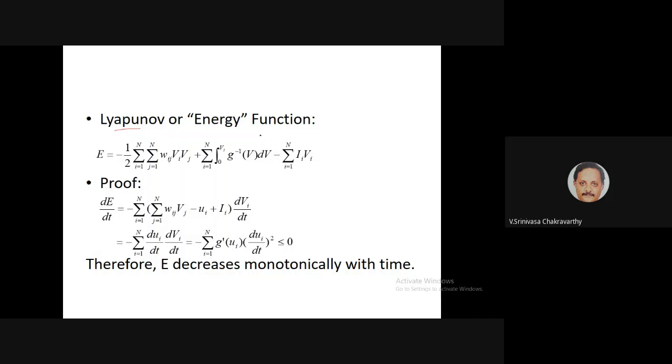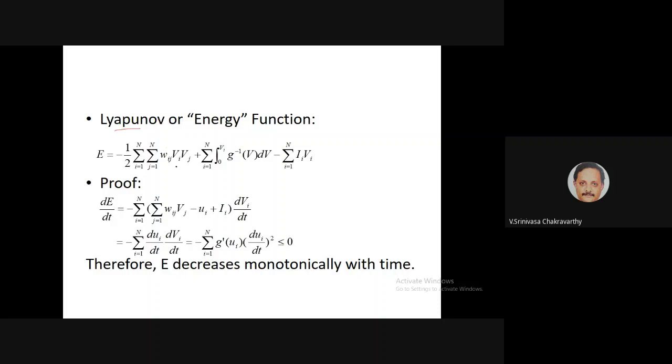It is generally proposed to prove that certain dynamics is stable, because when you have a function like this, which is bounded and goes down monotonically as the system evolves, then obviously it has to reach a stable state at some point or other. So you can show that the system, whatever dynamics you are proposing, is stable.